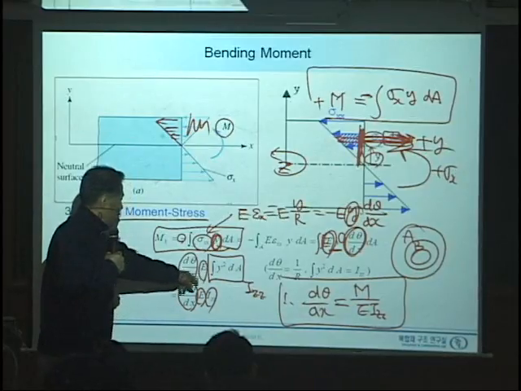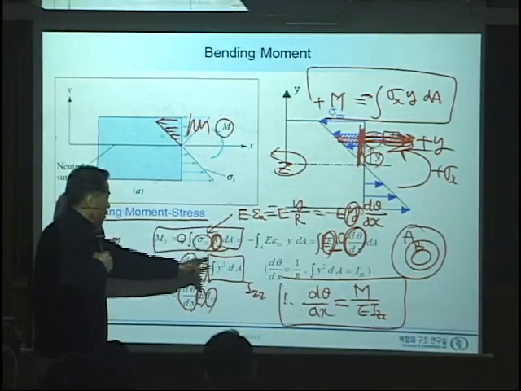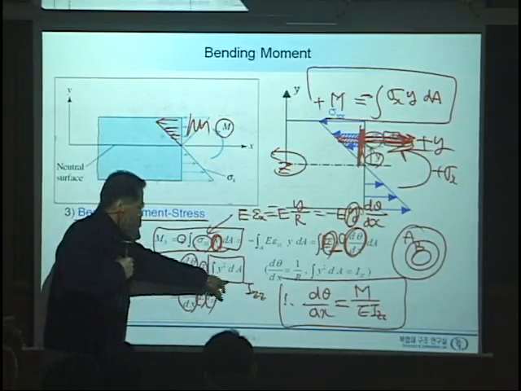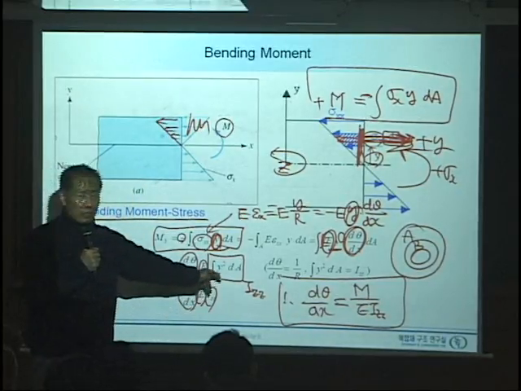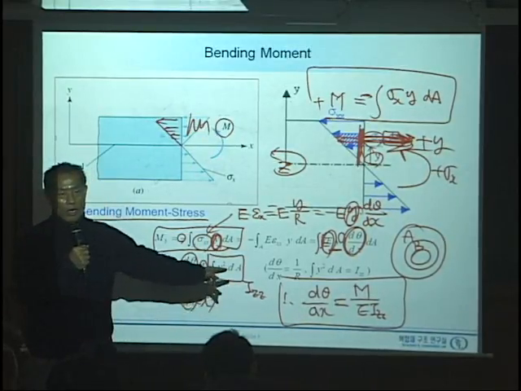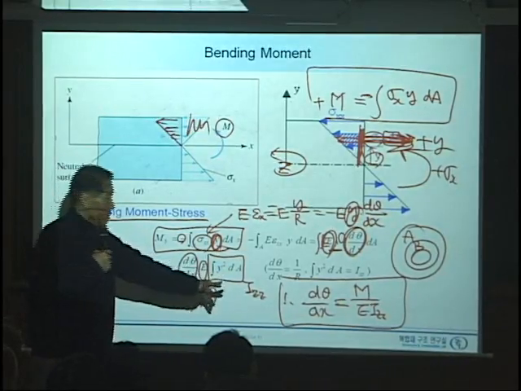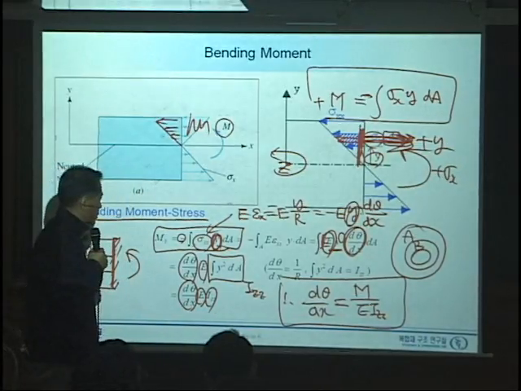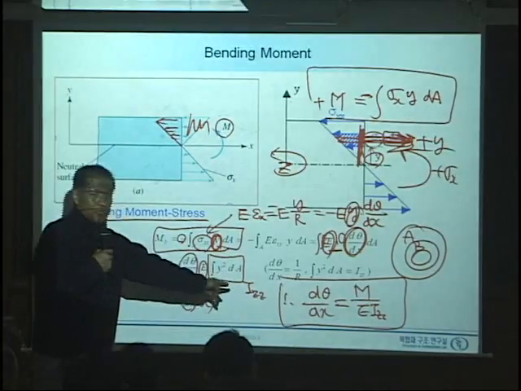So here, the case is E equal constant, and we got this one, and here we have a very important cross-sectional property, the integration of y squared. What is that? We call it the moment of inertia, which is called IZZ.